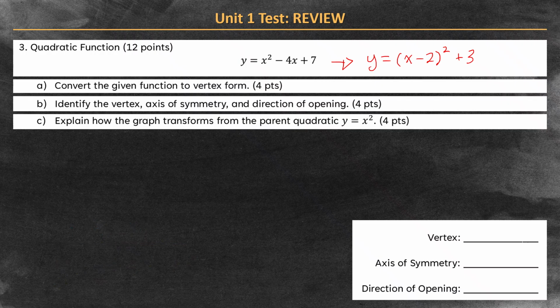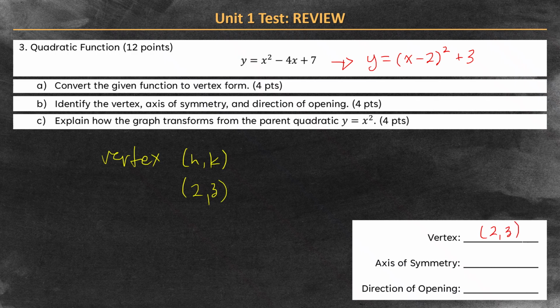Now, part B says, identify the vertex, axis of symmetry, and direction of opening. So what's the vertex? The vertex is always going to be (h, k). Now, the h value is 2, and the k value is 3. Okay, amazing. So we have that answer: 2, 3. And what is the axis of symmetry?